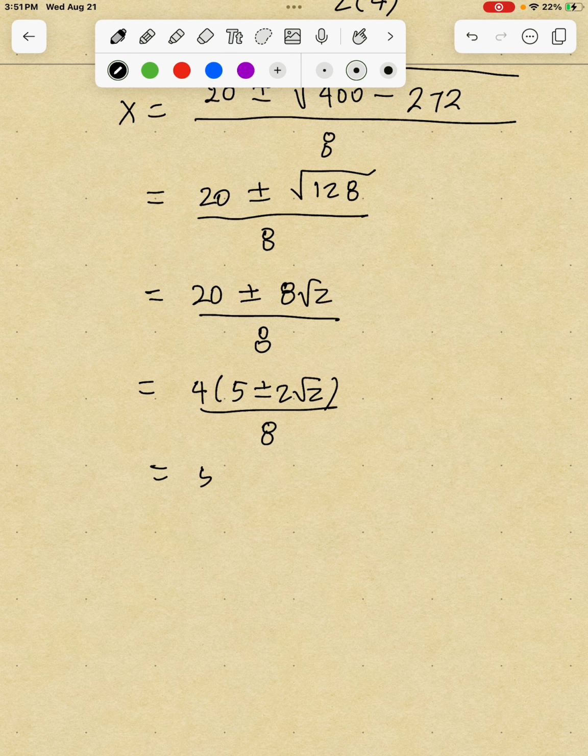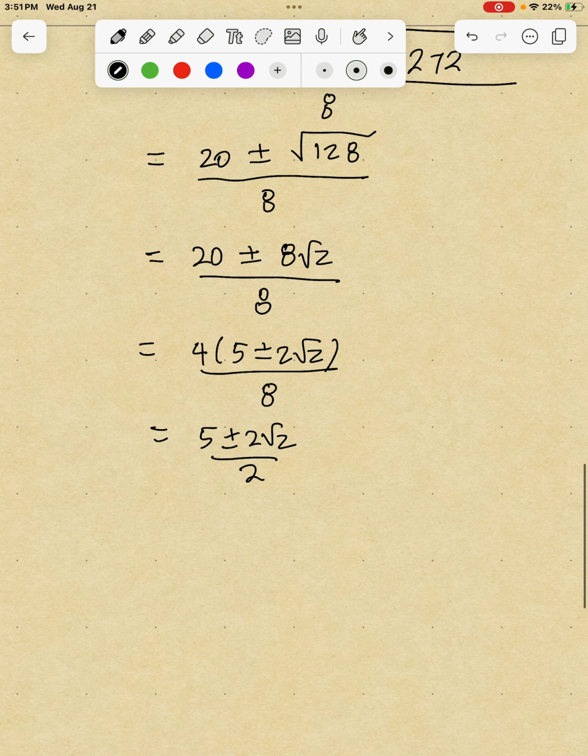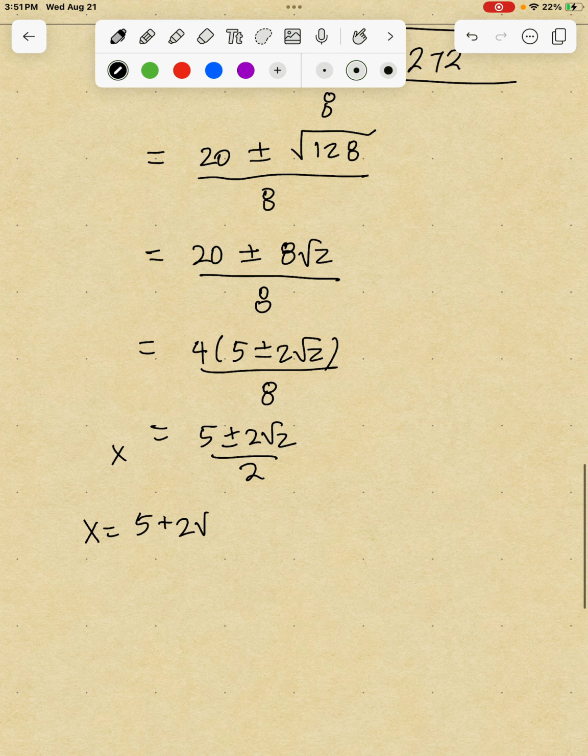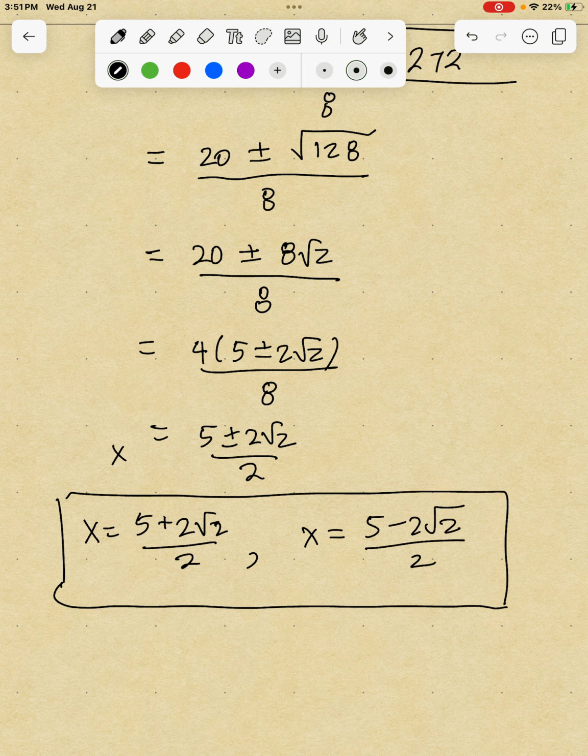And so this is going to be 5 plus or minus 2 root 2 over 2. So therefore, the solution is x equals 5 plus 2 root 2 all over 2, and x equals 5 minus 2 root 2 over 2. These are the solutions to the equation.